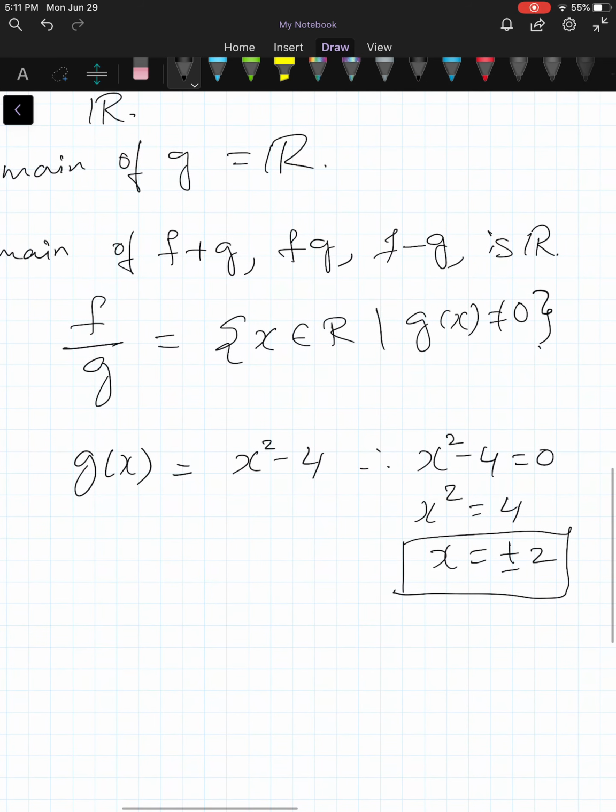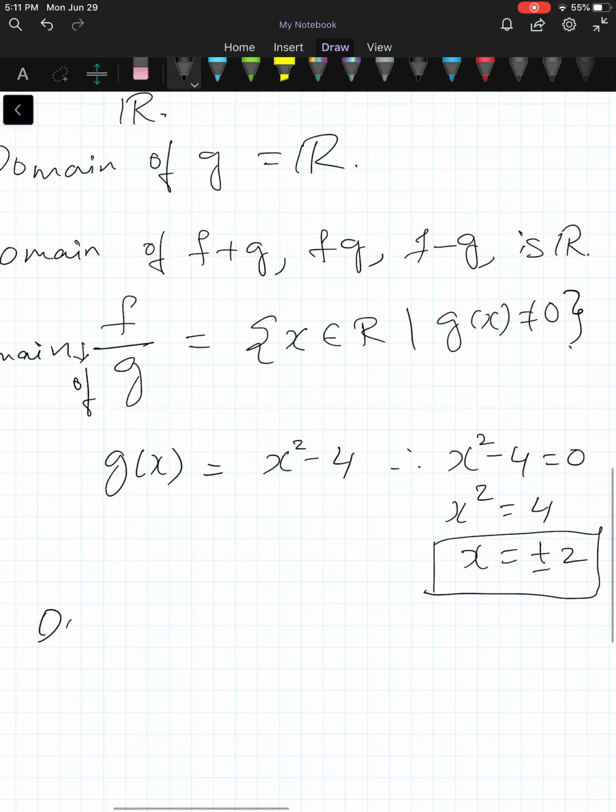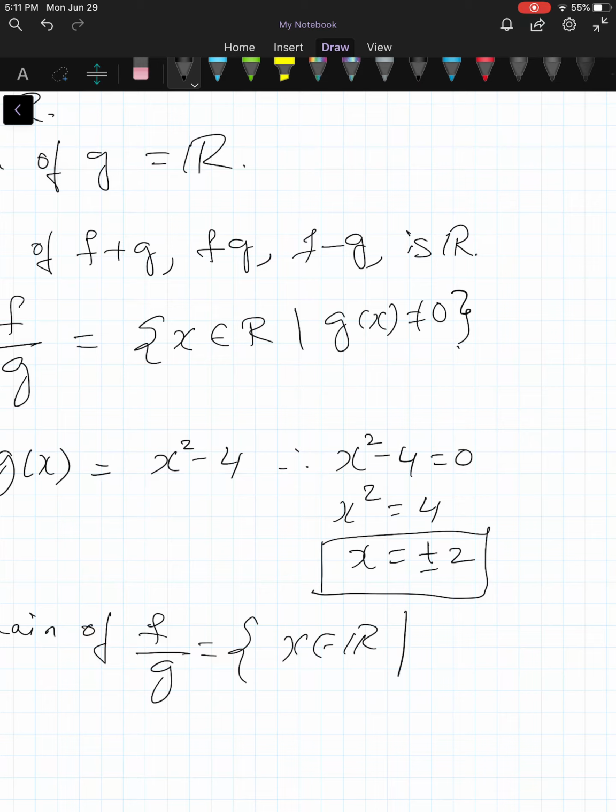Therefore, the domain of f divided by g is all those x which belong to R such that g of x is not equal to 0. That means x is not equal to plus or minus 2, so all real numbers except plus and minus 2.